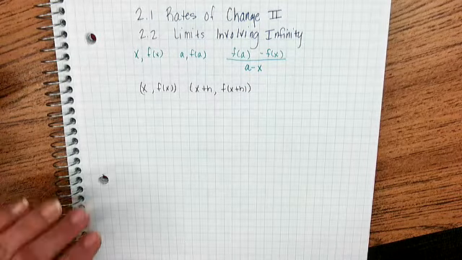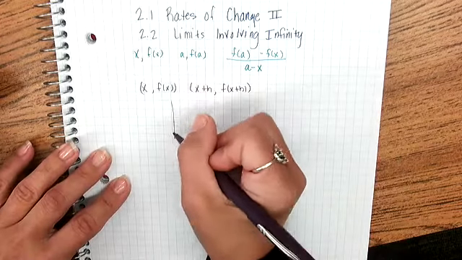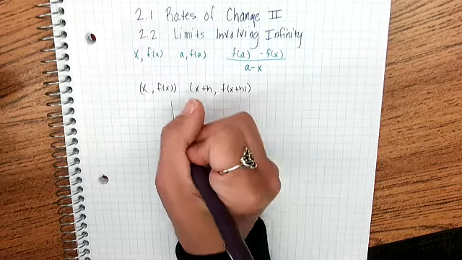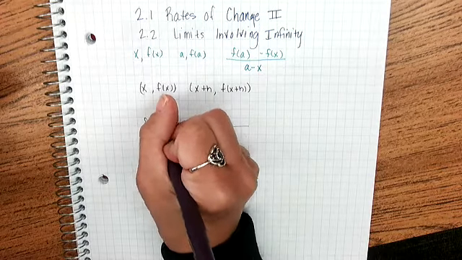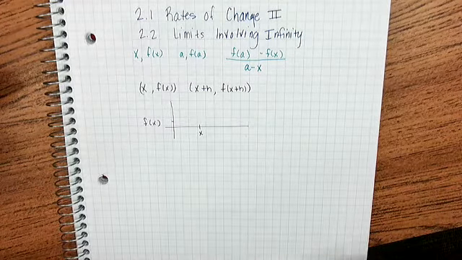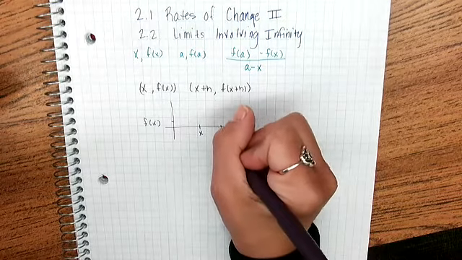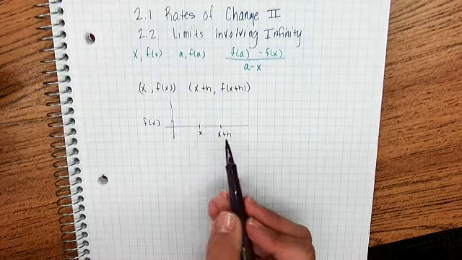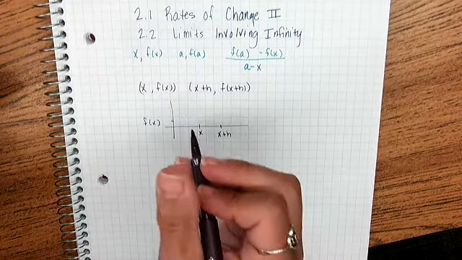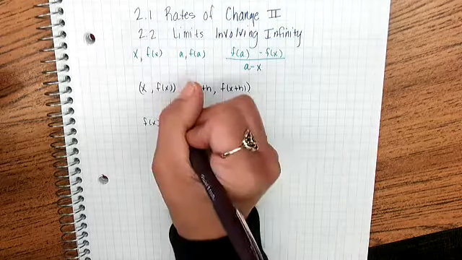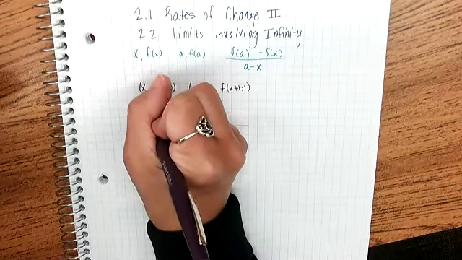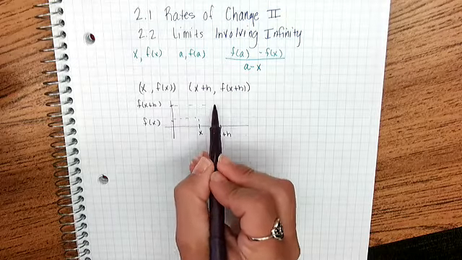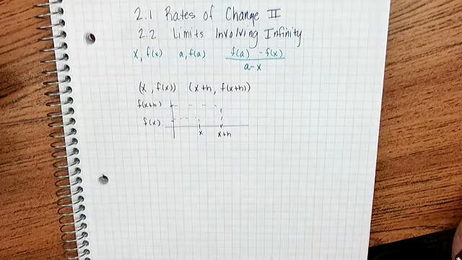I'm just going to draw a little sketch here. You have some point x, and it has a corresponding y value, call it f of x. And you have some point x plus h. The difference between x and x plus h obviously is h. And it has some corresponding f of x plus h.